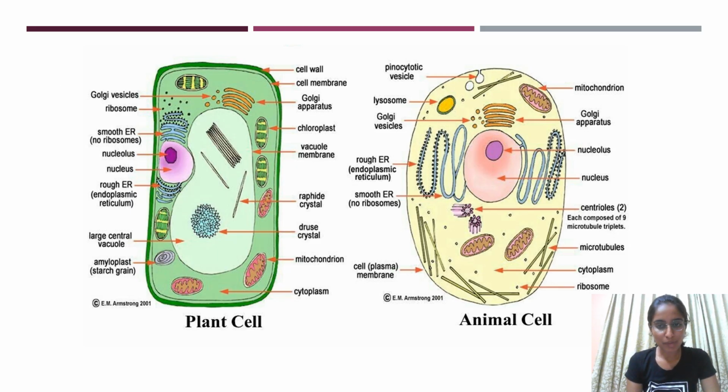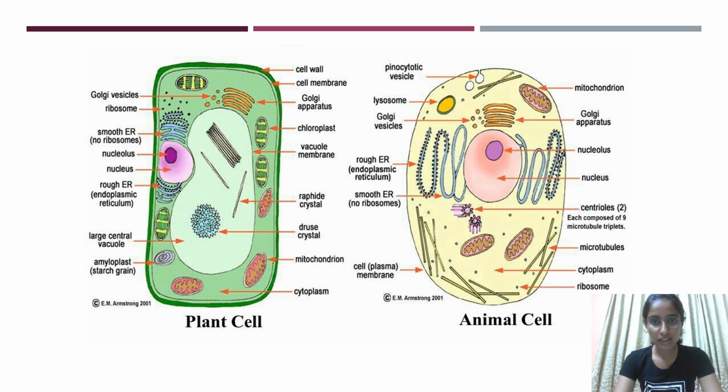Here is a diagram of a plant cell and an animal cell. A plant cell consists of Golgi vesicles, ribosome, smooth endoplasmic reticulum, nucleus, rough endoplasmic reticulum, large central vacuole, amyloplast, cell wall, cell membrane, Golgi apparatus, chloroplast, vacuole membrane, graphite crystal, Druce crystal, mitochondrion, cytoplasm.